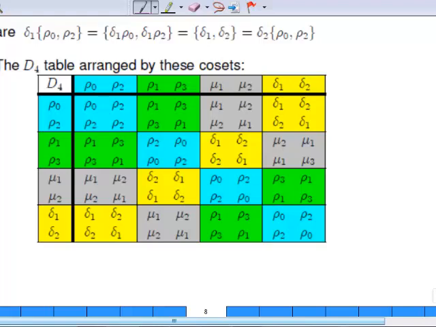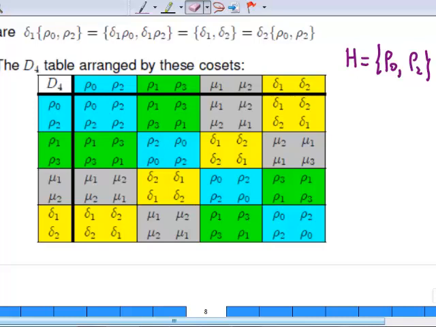What they do is look at a subgroup H, which is equal to rho 0 and rho 2: rotation of 0 degrees and rotation of 180 degrees.